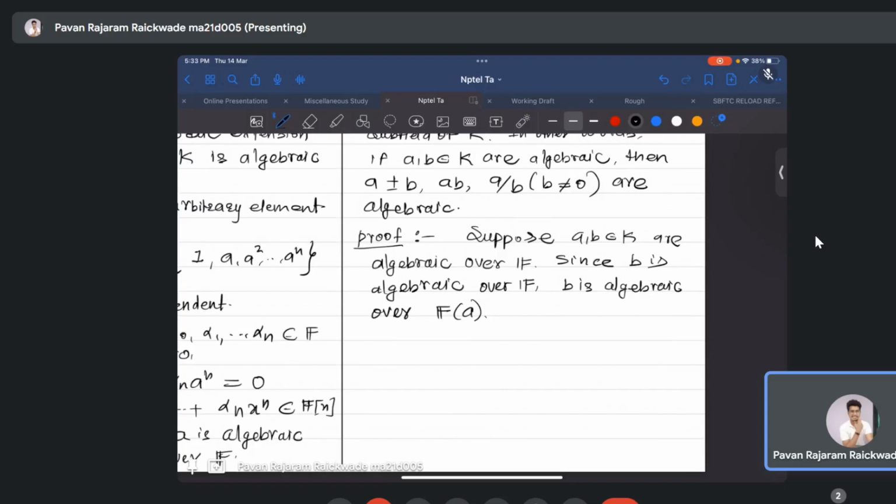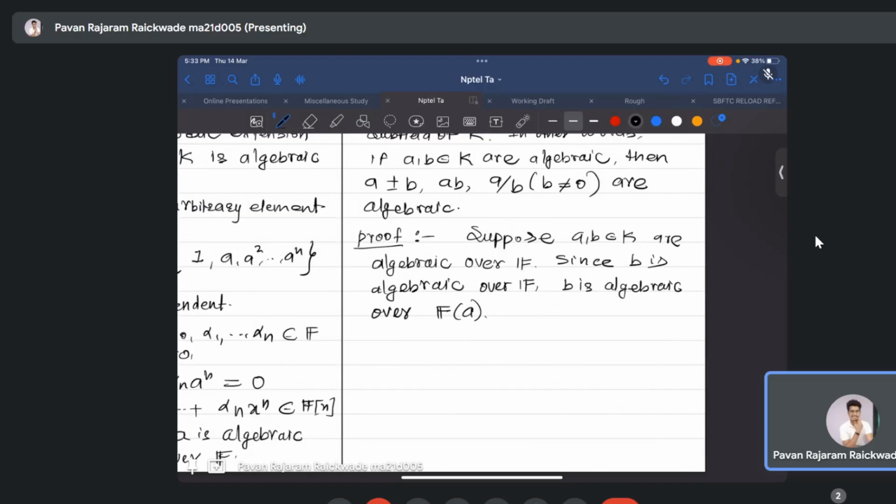I think to prove this we need a lemma which was not proved earlier. The lemma is basically that for any extension, an element is algebraic if and only if, when you consider F(A), it has to be a finite extension. So that part is missing.